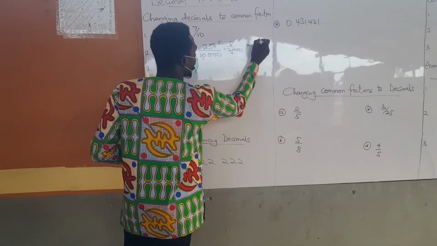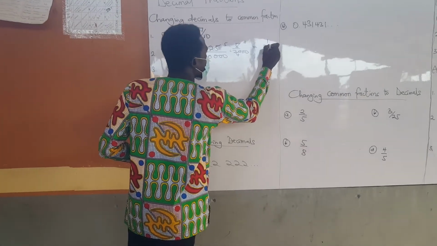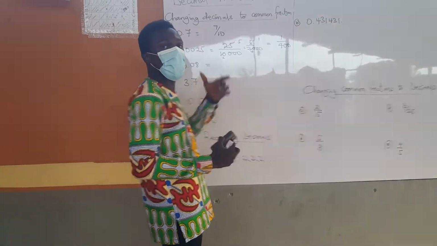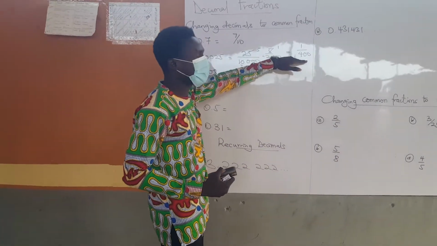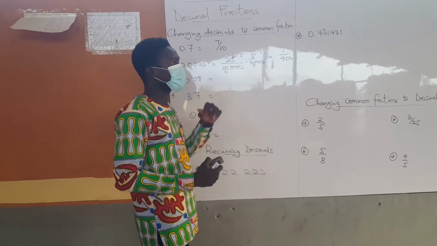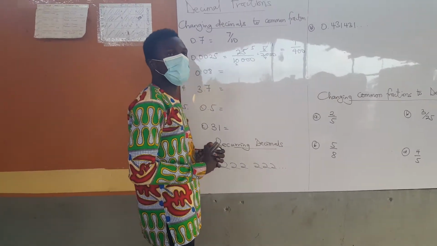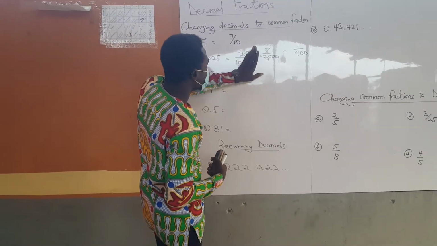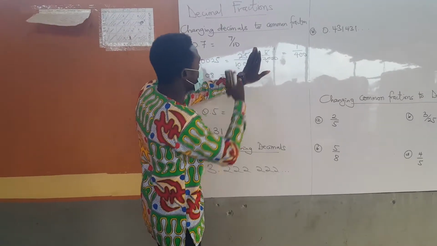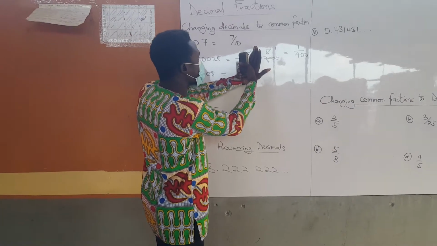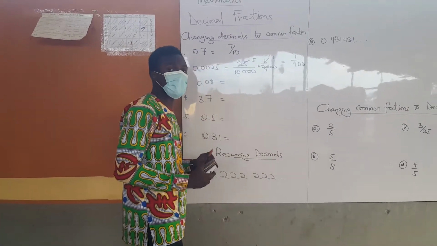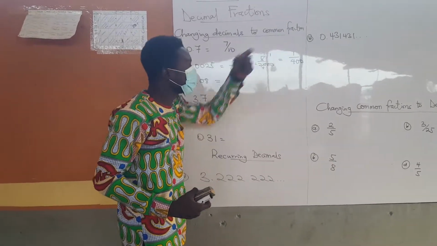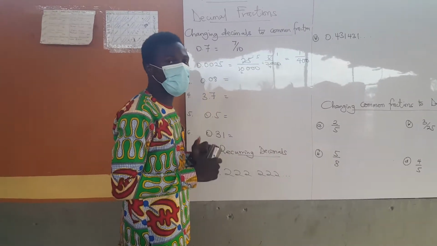So this is going to give me 1 over 400. Since we are changing into common fraction, and this is in its lowest form, this is what we are going to get. Or somebody will choose and say 25 will go into 10,000 400 times. So if 25 will go into 10,000 400 times, I'm going to have 400 as my answer. So this into common fraction is going to give us 1 over 400.